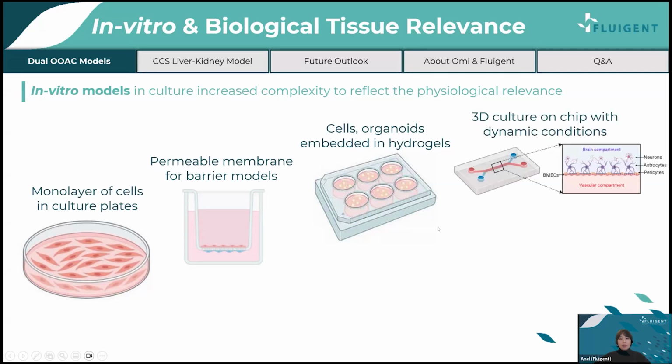And then we have microfluidic 3D dynamic conditions, or culturing on a chip, where the systems allow us to incorporate flow, shear stress, and compartmentalization of different tissue types or cell culture types via a membrane separator or hydrogel separation to produce a tissue microenvironment with higher fidelity.